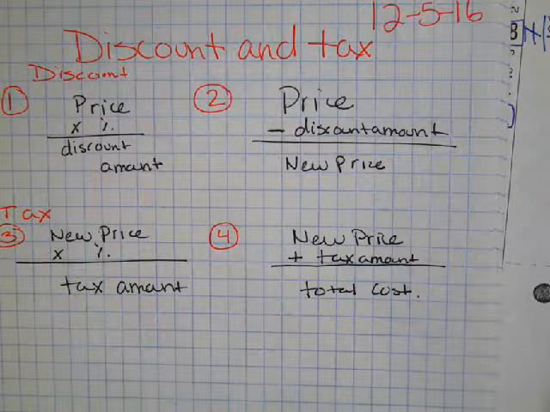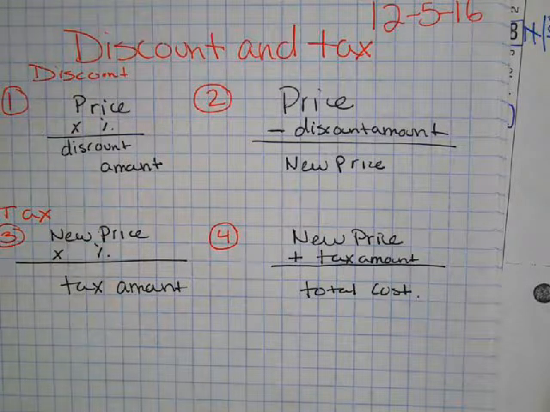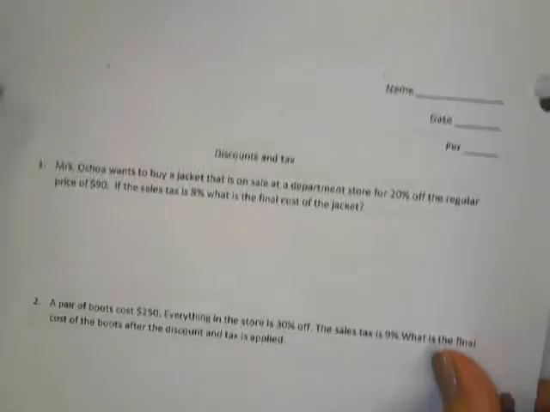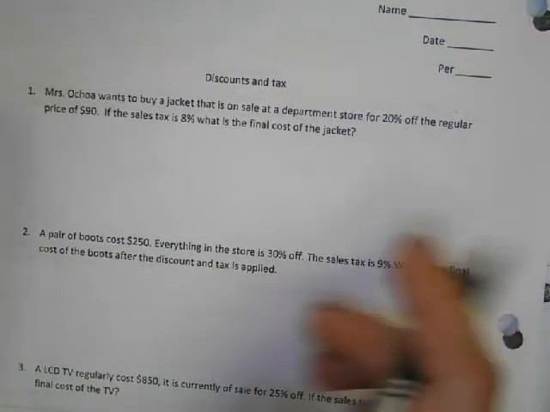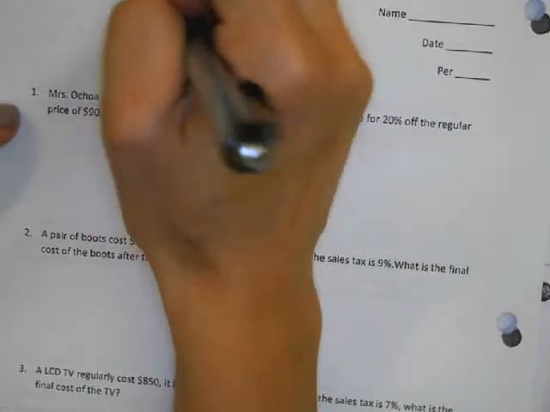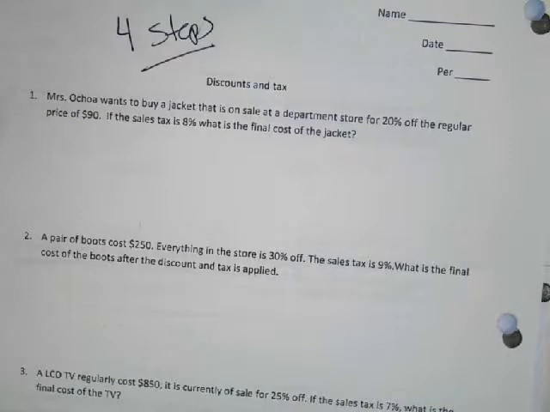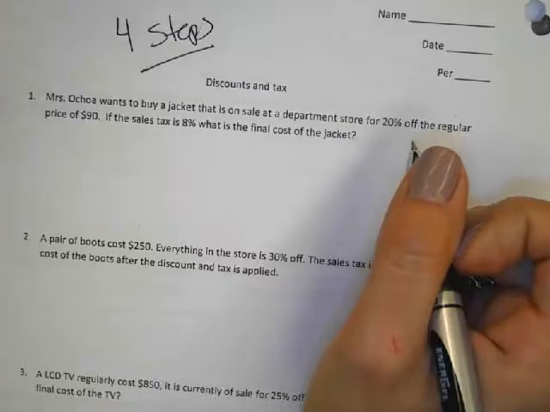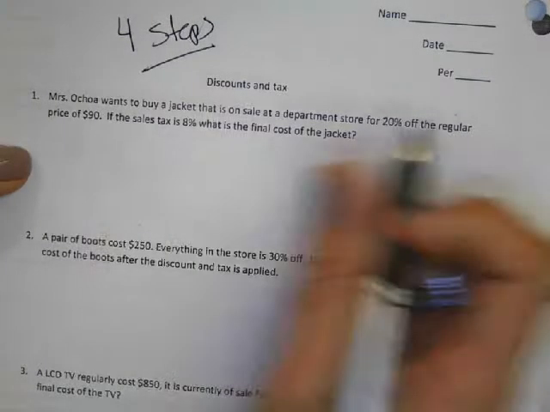Which day were you absent? All right, move on. Discount and tax. Keon, it's just easier for you to go get a new one. Seriously. Unfortunately, that's what we have to do.